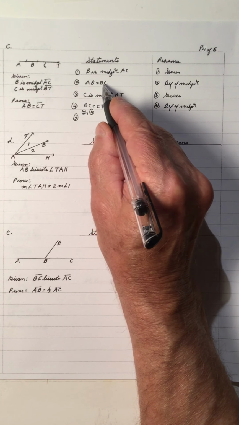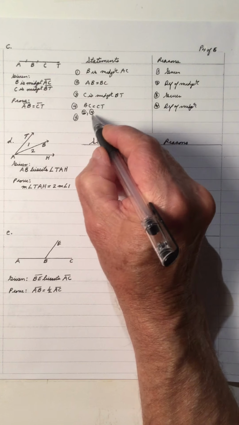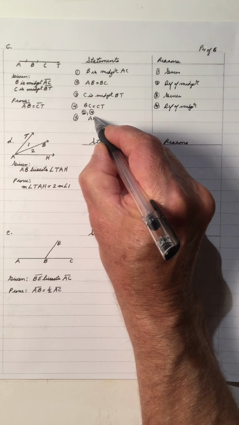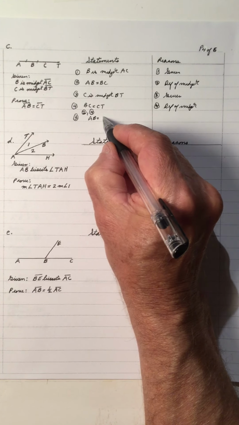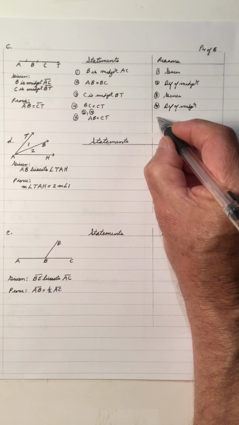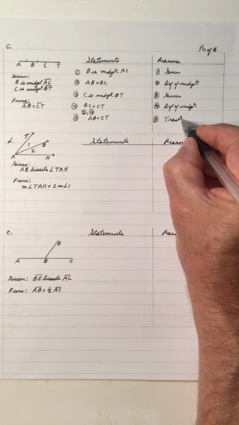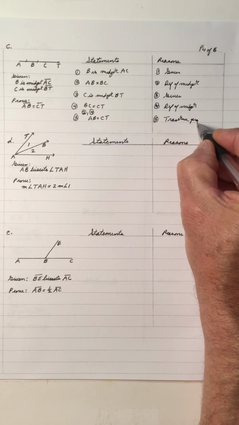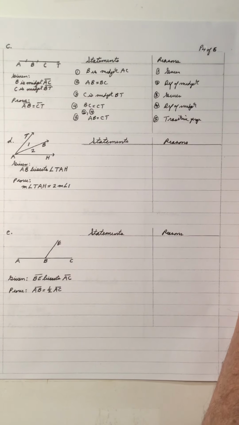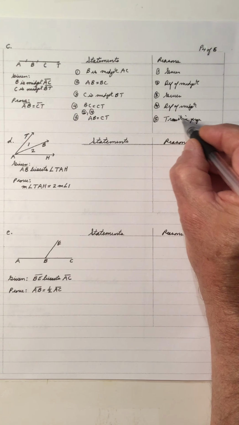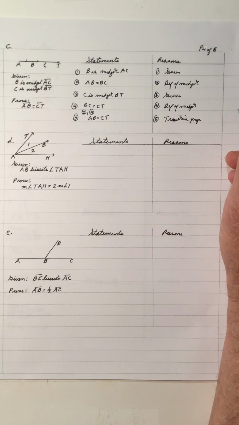So if AB equals BC and BC equals CT, that means that AB is equal to CT by transitive property of equality. Transitive, T-R-A-N-S-I-T-I-V-E, transitive property of equality.